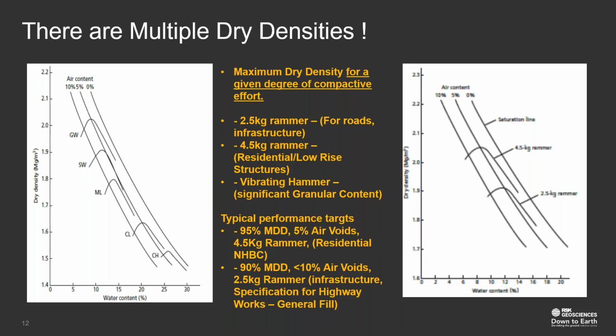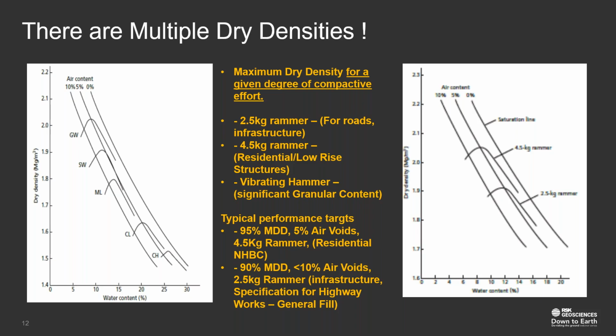Typical performance, basically, go back a little bit. There are three standard tests that are undertaken with different weights of rammers, which simulate different degrees of compaction. The 2.5 kilogram rammer, the lightest, is only really for roads and infrastructure. The 4.5 kilogram rammer is probably the most commonly used, and then there's the vibrating hammer, which really only applies to soils with a significant granular content, specialist heavy-duty granular fills.